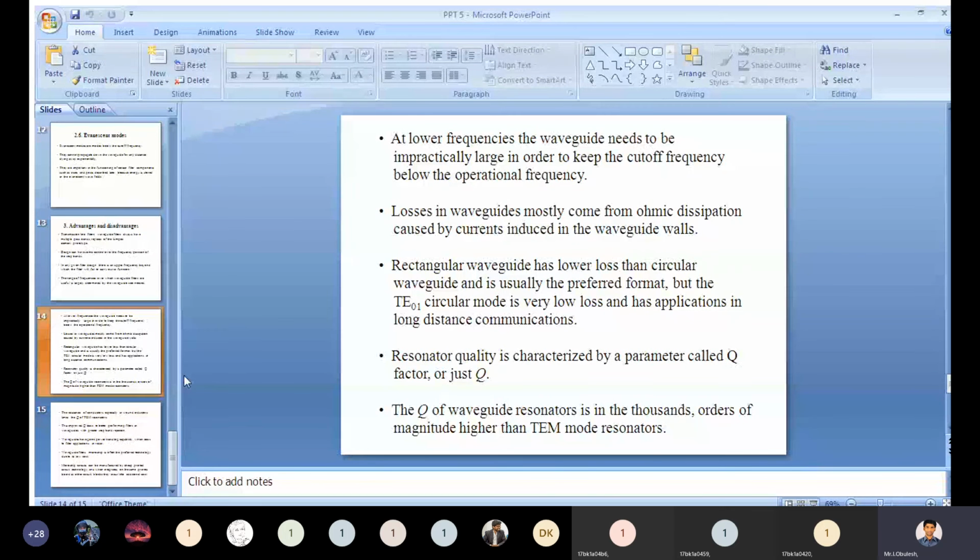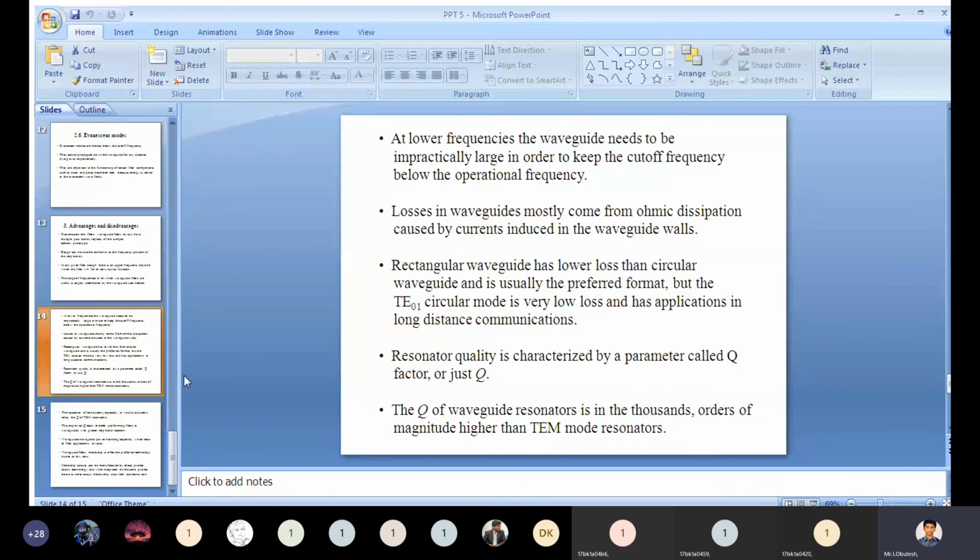Next, resonator quality. Resonator quality is characterized by a parameter called Q factor, or just Q. The quality factor of a waveguide resonator is in the thousands, orders of magnitude higher than a TEM mode resonator.